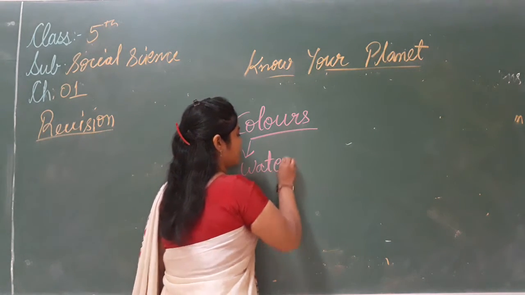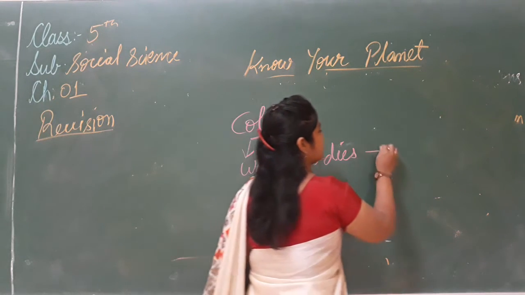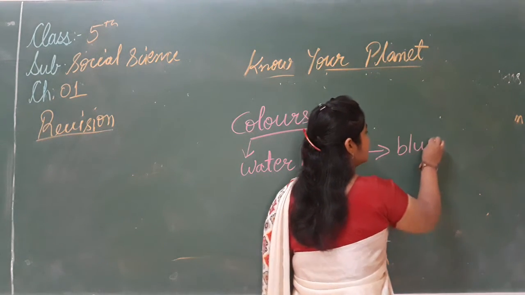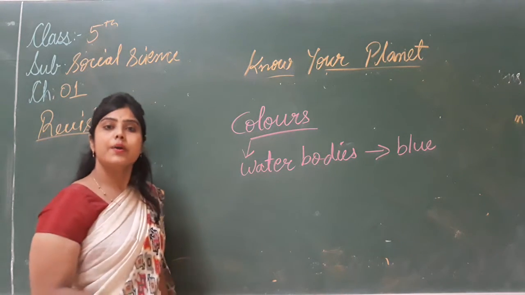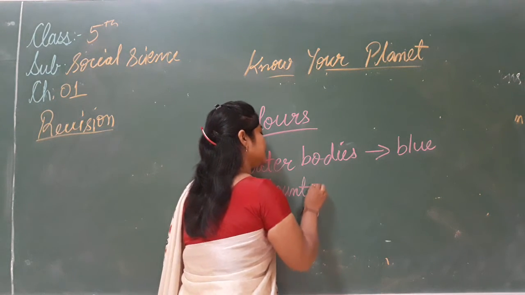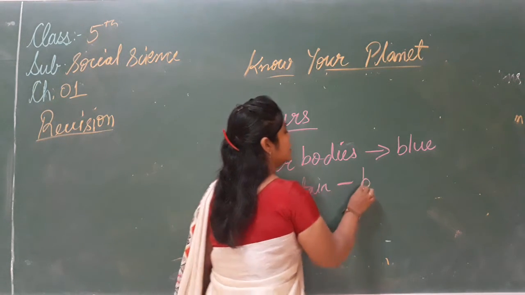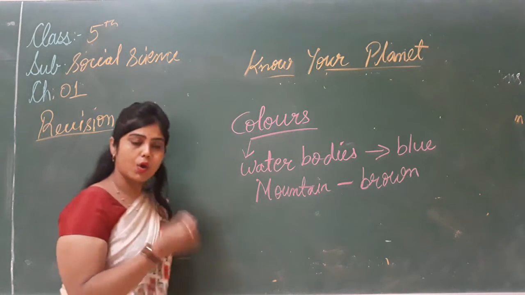Which color do we use for water bodies? Blue color. Mountains are brown in color, so we use brown to represent the mountains.